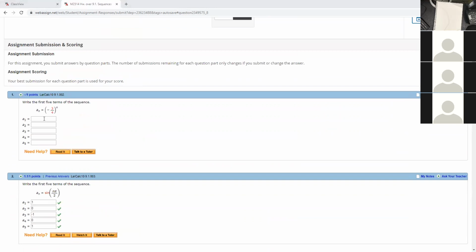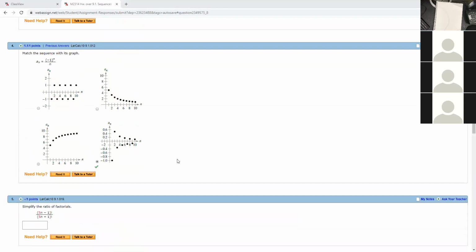So you have some problems left, but they should all be very manageable. And then on Wednesday, we start with section 9.2. And I'll change the due date. I was hoping to get on that as well today, but it just takes a long time. But I hope all this made sense.